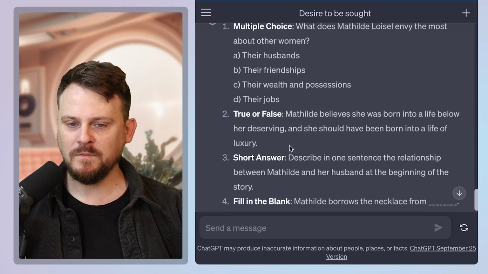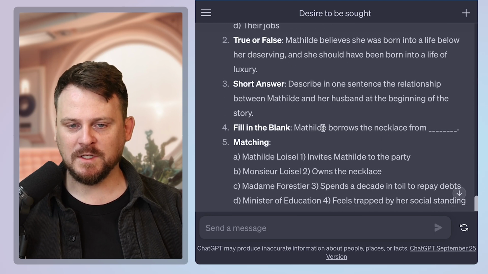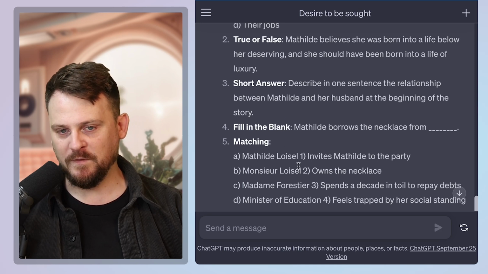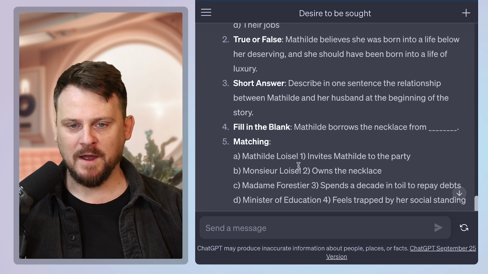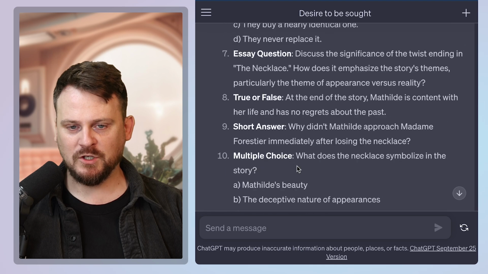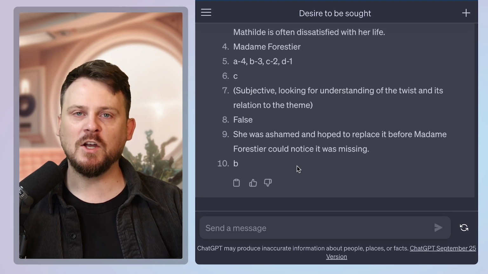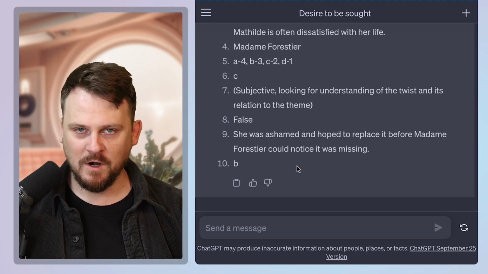True? Okay, there's a short answer. I'm going to skip that one. But I could do that and then ask ChatGPT to give me feedback on that. Okay, so matching different question types. So you can ask for anything, quizzes, discussion questions, whatever it is, right?